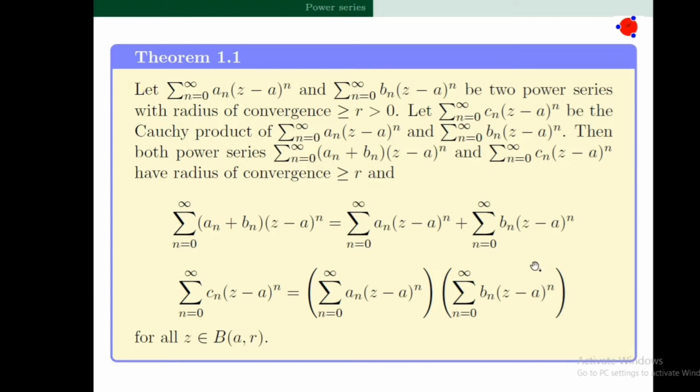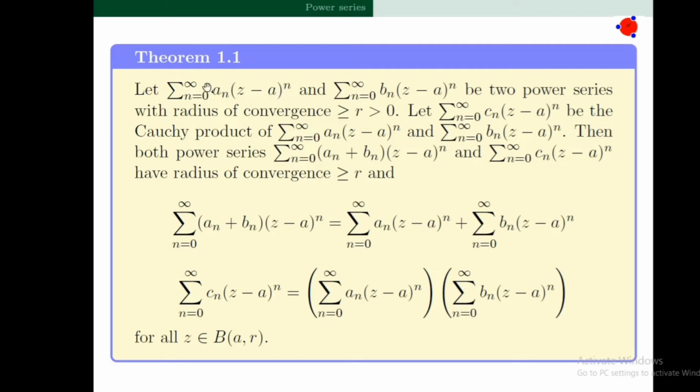Now I move on to the theorem, and this theorem states that if Σ a_n (z-a)^n and Σ b_n (z-a)^n be two power series with a radius of convergence greater than or equal to r.